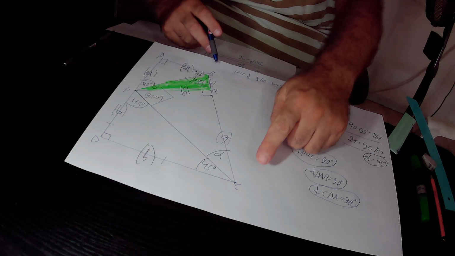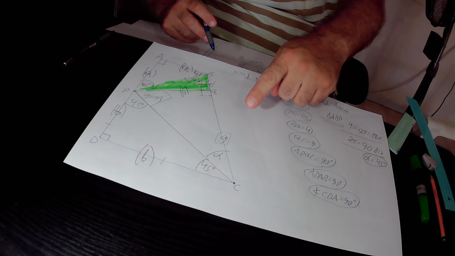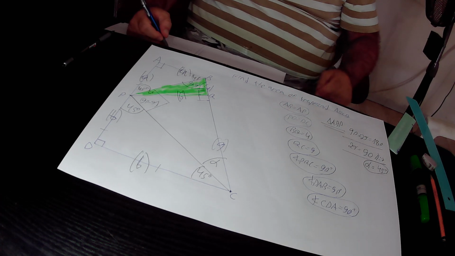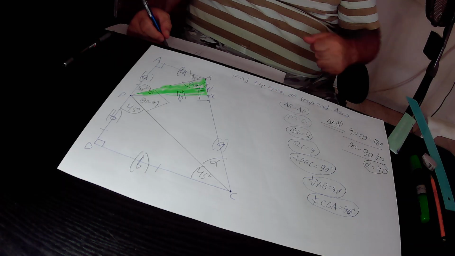The hypotenuse BC equals 9 plus 4, that is 13 units. So BC squared is 13 squared, that is 169.